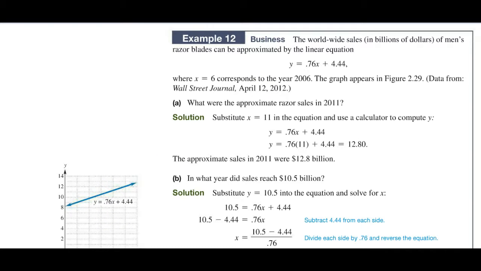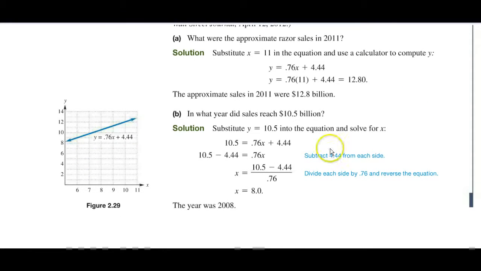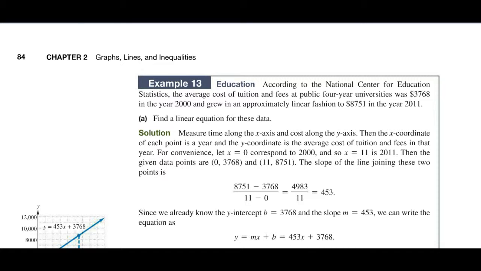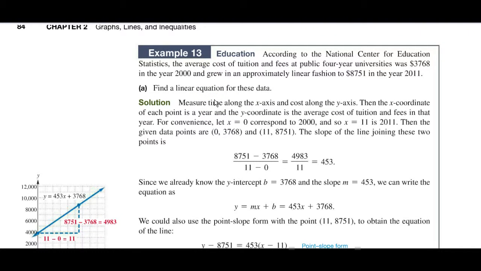And they want you to substitute an 11 for the x, and you get your answer there. And if you started in the year 2000, then if x is 8, then that would be 2008. Again, you'd have to read this in more detail. I'm not going to take time to do that.